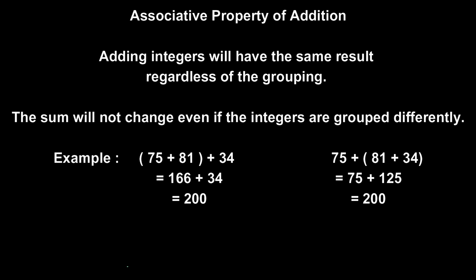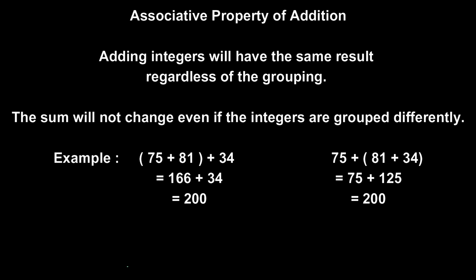Let's see the other side, the right side, where I have grouped the last 2 numbers. So 75 I have kept separate, and then 75 plus, in a bracket, 81 plus 34. As I said, that bracket is to be considered as a group.